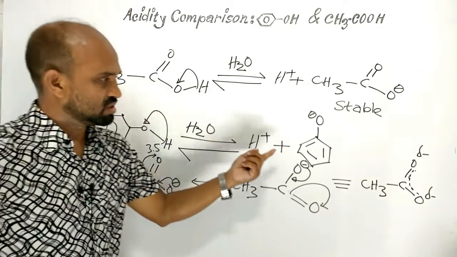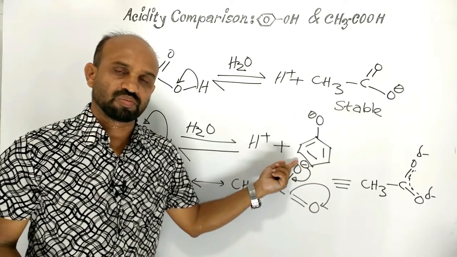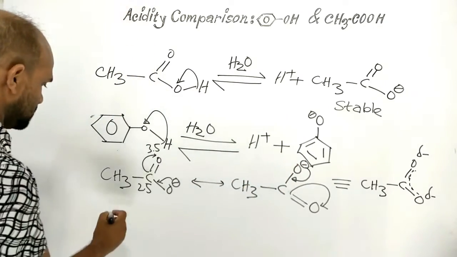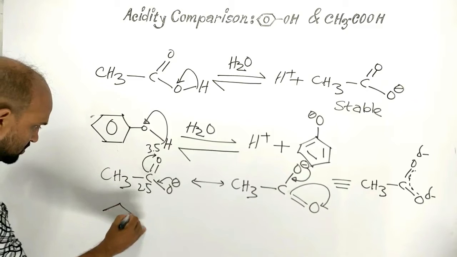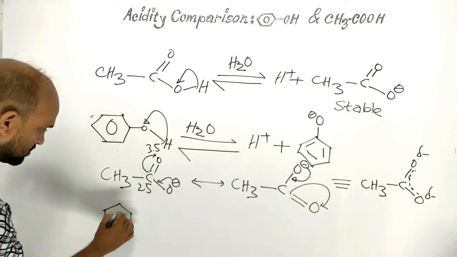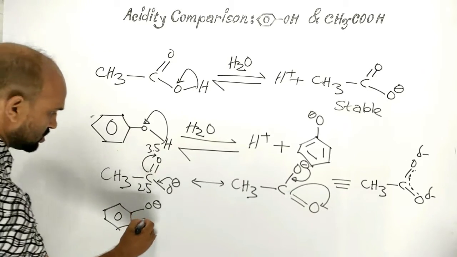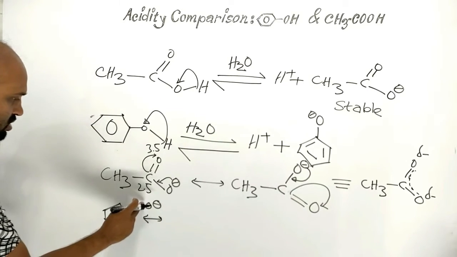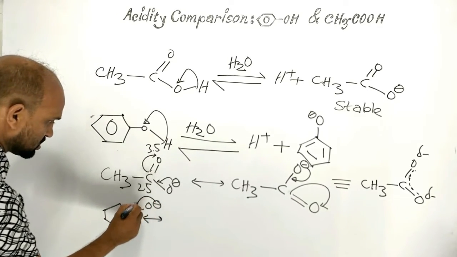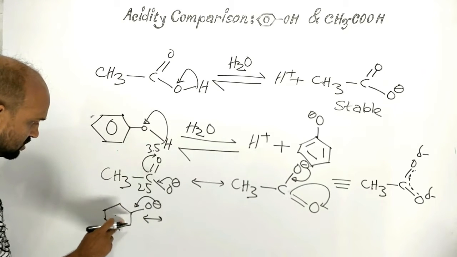Now let's see the stability of the phenoxide ion. The phenoxide ion shows resonance structures in this way.